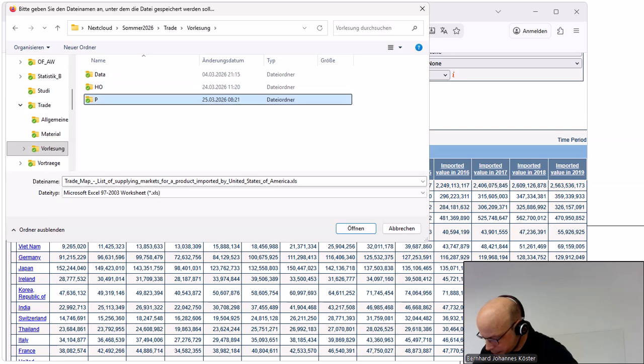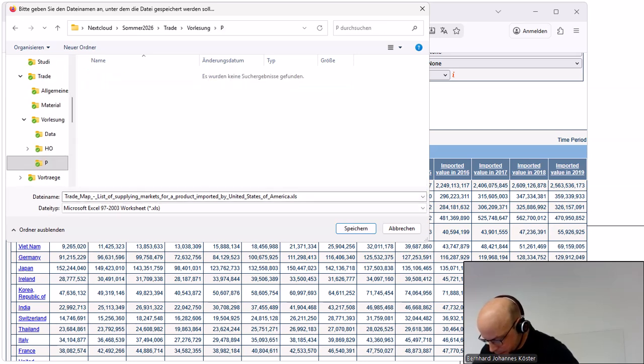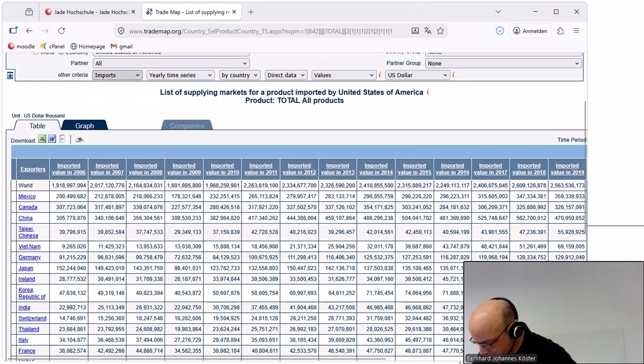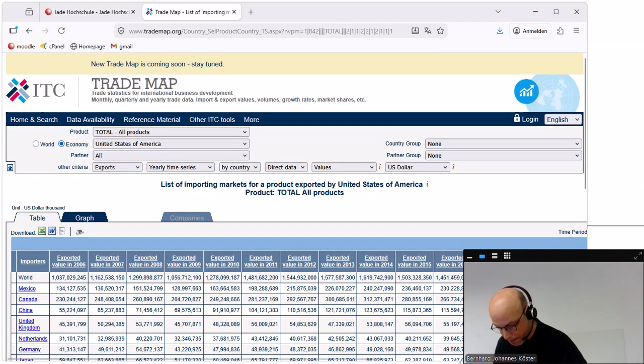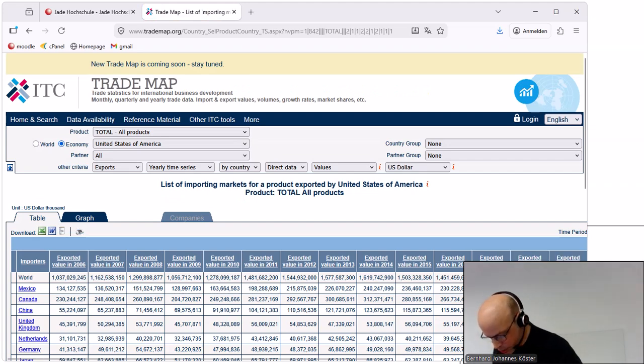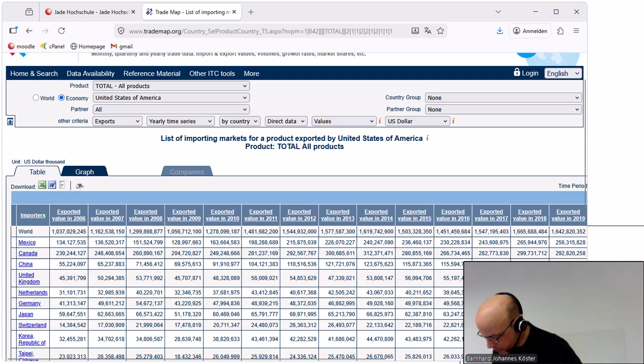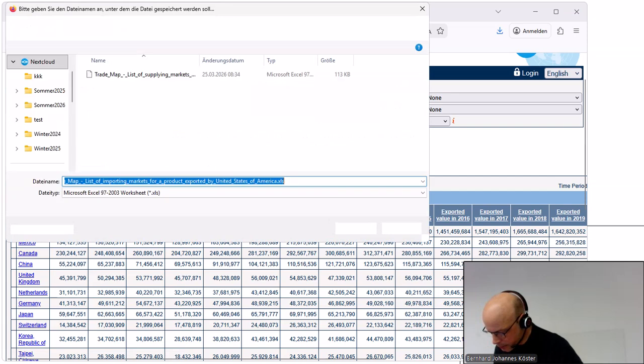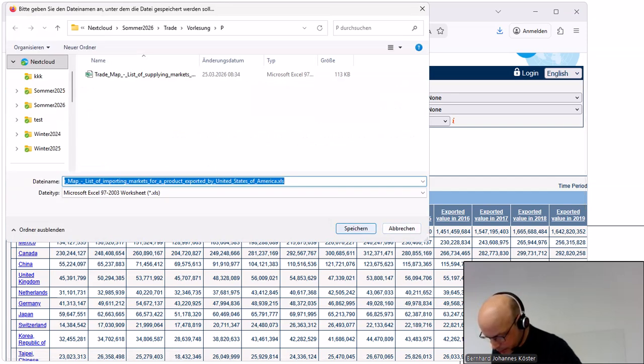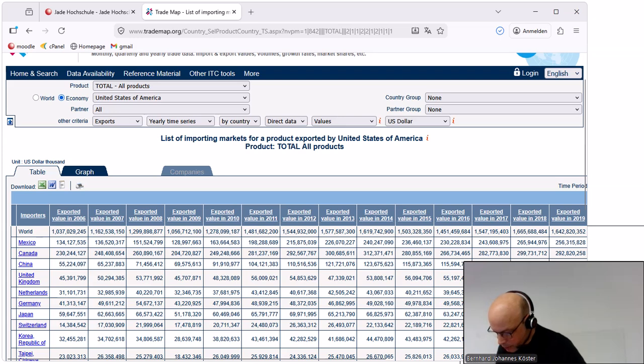Trade, this is imported United States, save, and then we are changing to exports, and here already it's starting at 2006. So let's download it and save. And what you also see here is for later on your analysis to go into more detail.